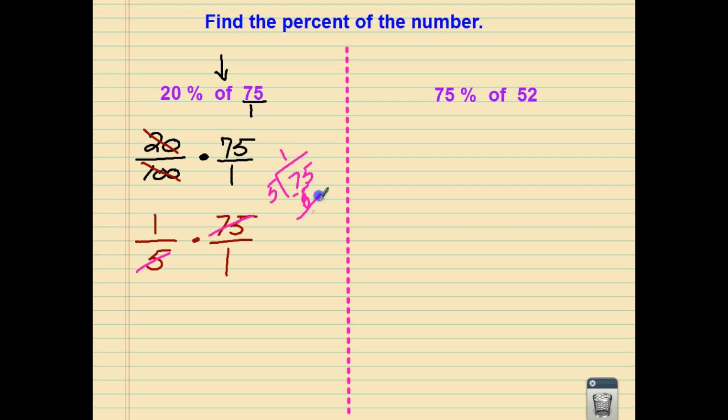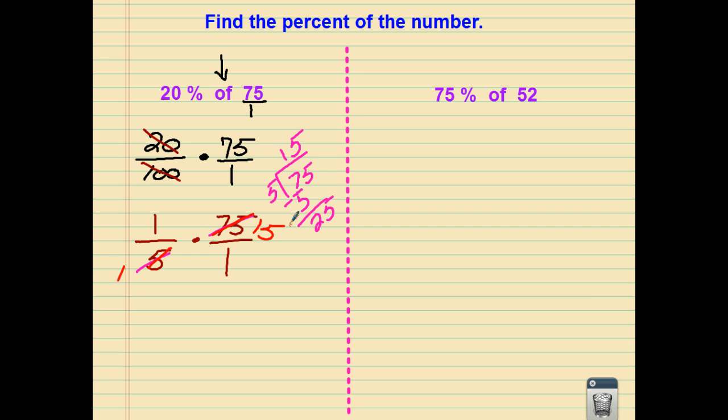We have 5, and then we would subtract. So we have 7 minus 5 is 2. Bring down the 5. 5 goes into 25 5 times. So we can simplify this. 5 goes into 5 1 time, and 5 goes into 75 15 times.